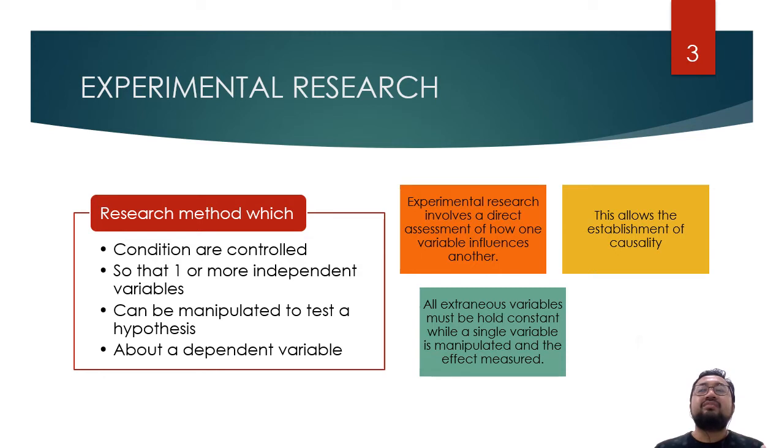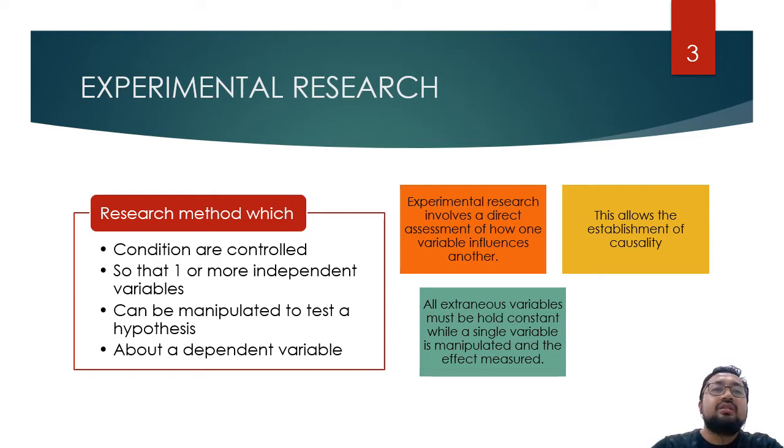So independent variable ni kita boleh kawal, sama ada orang yang exercise ataupun orang yang tidak exercise. That is the independent variable, dan dependent variable adalah outcome yang kita nak lihat, which is the weight of the patients. That is one of the examples. So it can be manipulated to test a hypothesis about a dependent variable ataupun outcome variable tu.